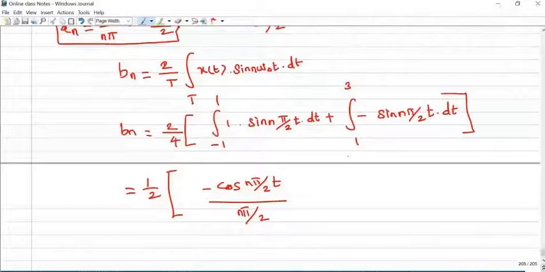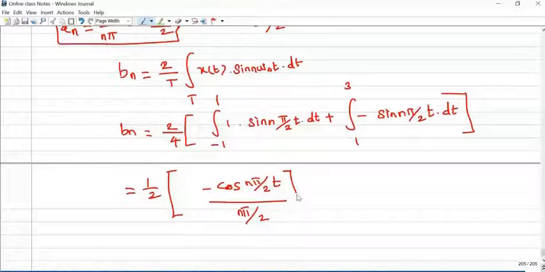So minus cos n pi by 2 t divided by n pi by 2. So substitute your limit minus 1 to 1, plus the integration of sin theta, minus cos theta. So that minus minus will be cancelled.